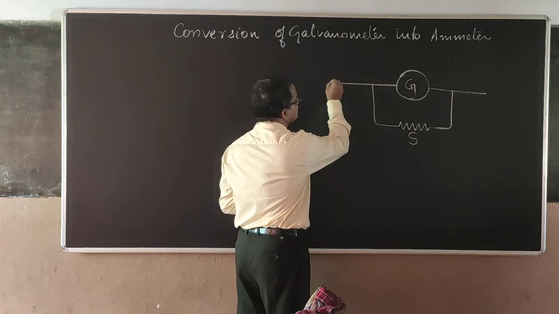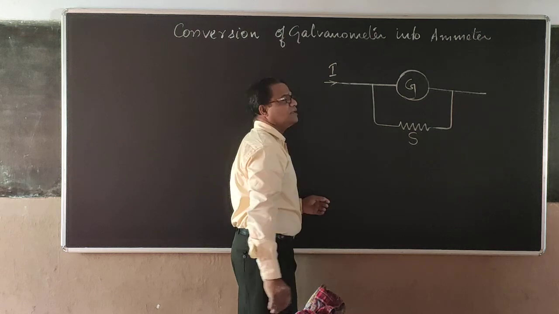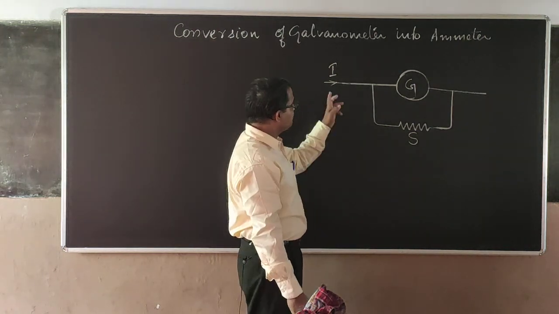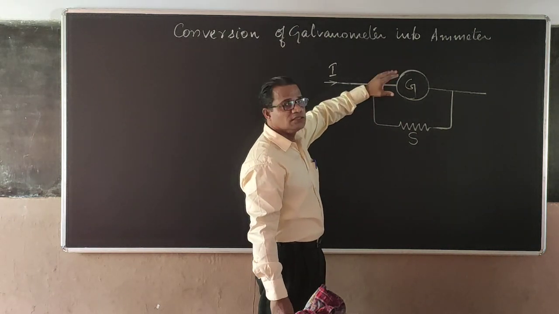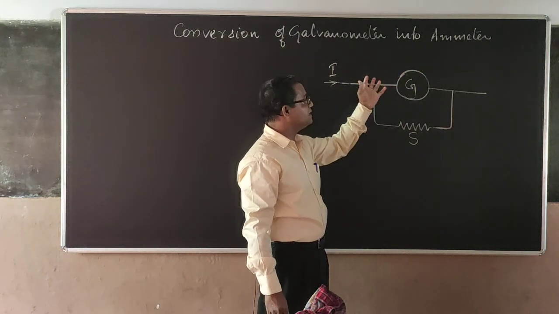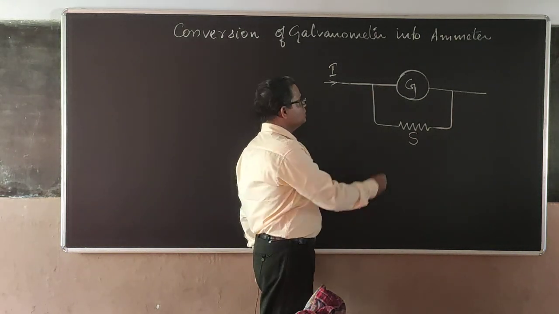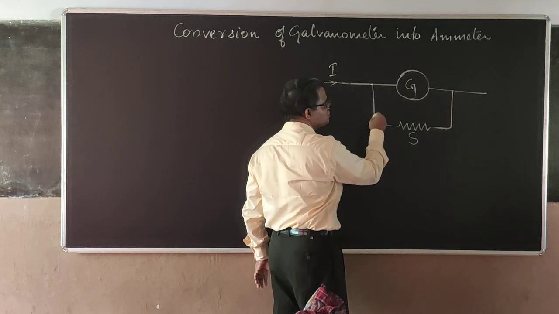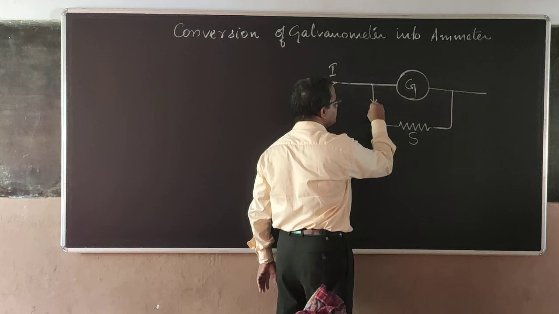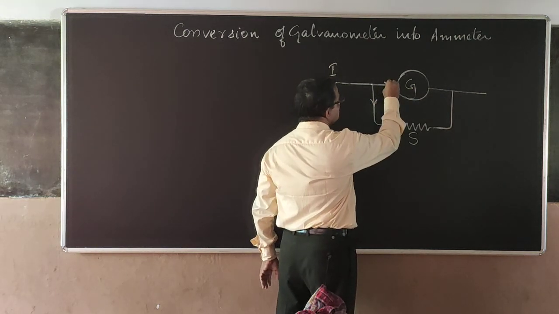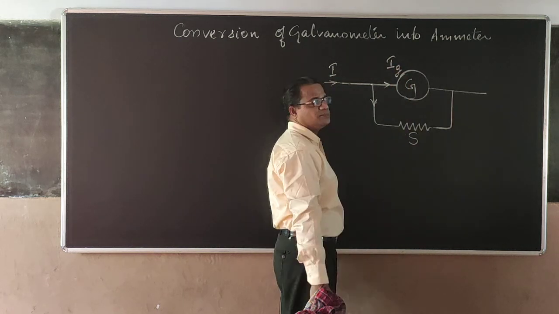Suppose that I want to measure a maximum current I. If I allow this current straight into the galvanometer, it cannot withstand that current and it is spoiled. So what I do is connect a very small resistance in parallel. Then the current coming here divides and allows the current Ig through the galvanometer.